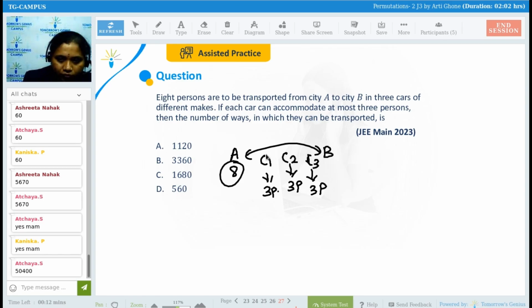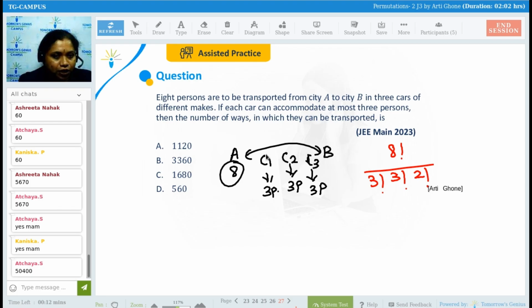Now, first thing, I have a total of 8 factorial, right? 3 factorial for first car, 3 factorial for second car. Now 3, 3, 6 persons, then 2 are only left. No, we don't have 3 left now. Obviously, no. 3, 3, 6 are already gone.